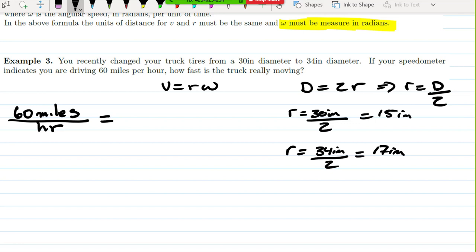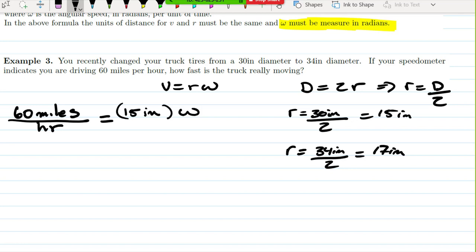Our r is the radius, which was 15 inches, times omega.